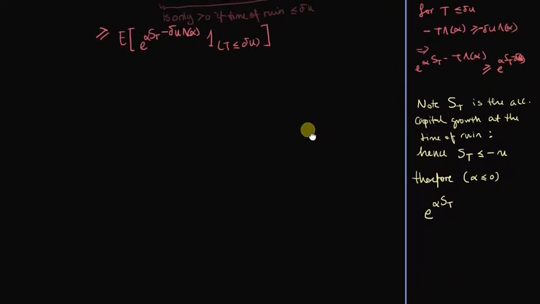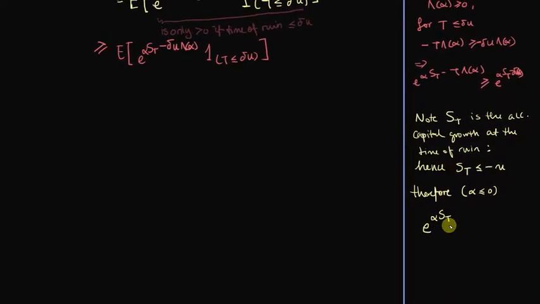So we have assumed that alpha is smaller than or equal to 0, and therefore when we multiply S_t by alpha, we have to turn the inequality around.